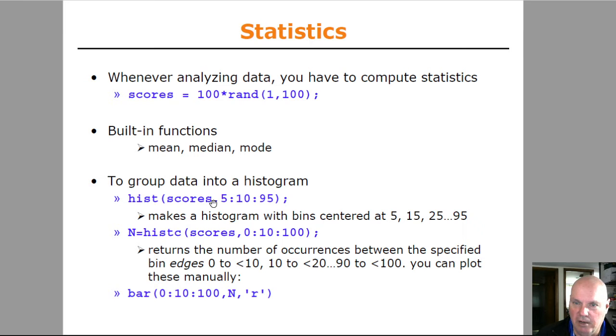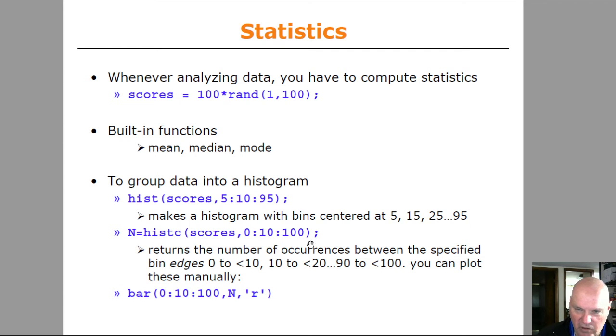Okay, and then we could plot a histogram of that. There are a couple different histogram functions. hist produces a histogram with the bins centered at the given vector. histc would produce a histogram with the edges at the numbers in the vector.